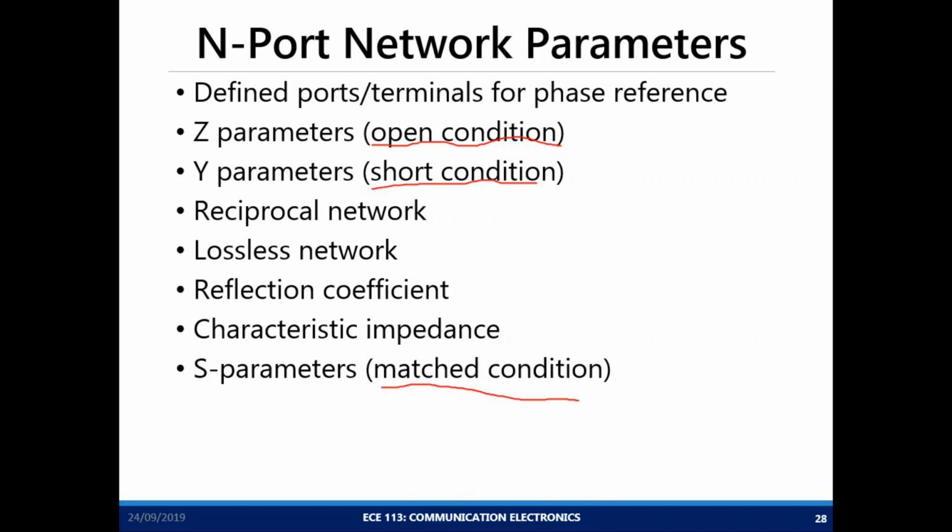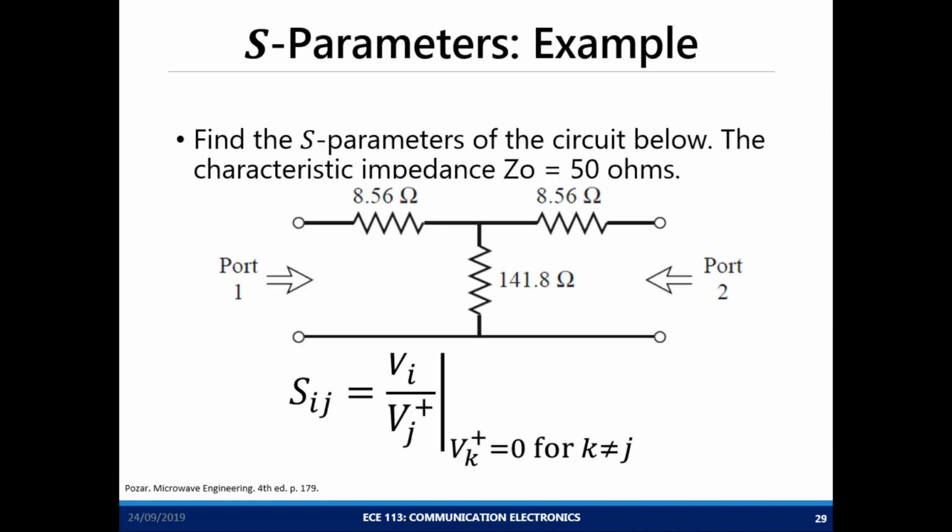We also define the definition of a reciprocal network and a lossless network, the reflection coefficient, which is a generalization, a special case rather of S parameters. We generalize the reflection coefficient into S parameters, and for the S parameters, you need to specify the characteristic impedance. So what better way to visualize that or to know more about that than by using an example.